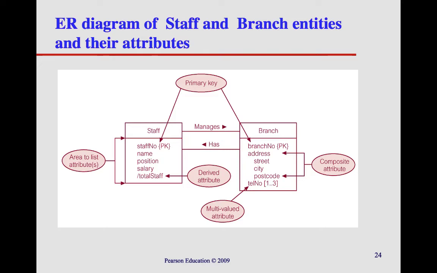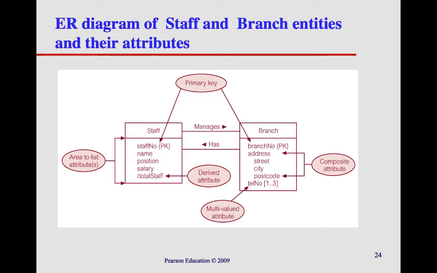In actual practice, when you map this entity branch to a relation, address would not appear in the columns. Instead, you would have street, city, and postcode. So what you see in an ER diagram is not necessarily exactly what you see in a relation when it finally gets mapped into a relation.